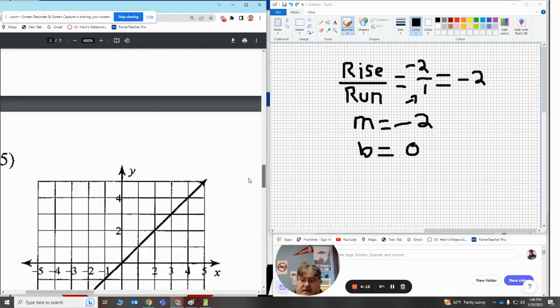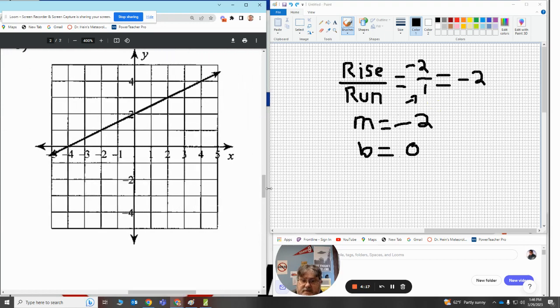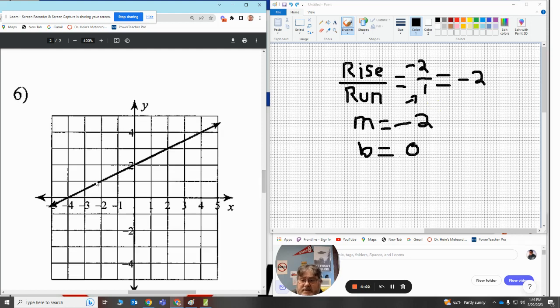Now let's look at another one. Let's do question 6 on this worksheet. Okay, just looking at it, it's a positive slope. It hits 2 on the y-axis. So let's work on this one, okay? So for the 2 points, I'll use this point, the y-intercept, go up the line. Here's another point, okay? I notice it rises 1.